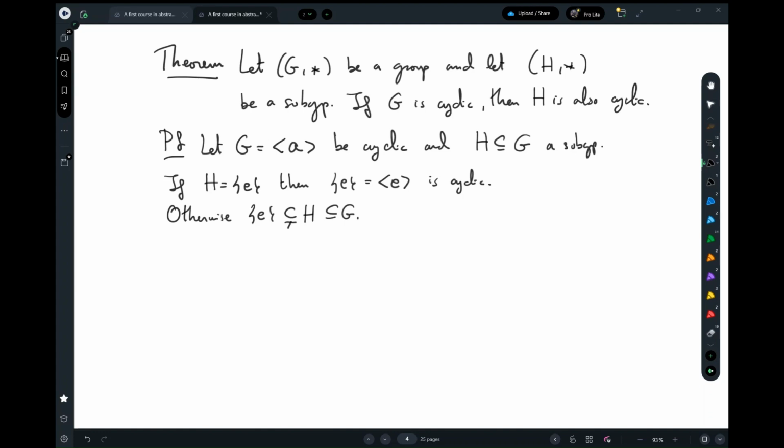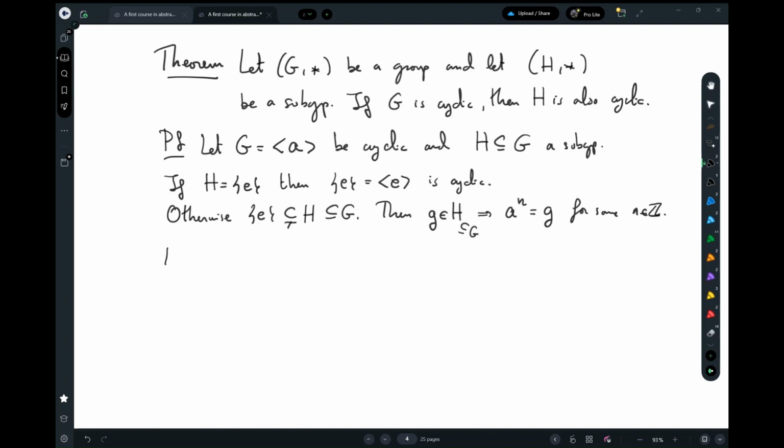Okay. So now in particular any element g that is in H must be a power of a. So this is always true for some integer, just because this H is contained in G, so g has to be a power of a because G is generated by a.